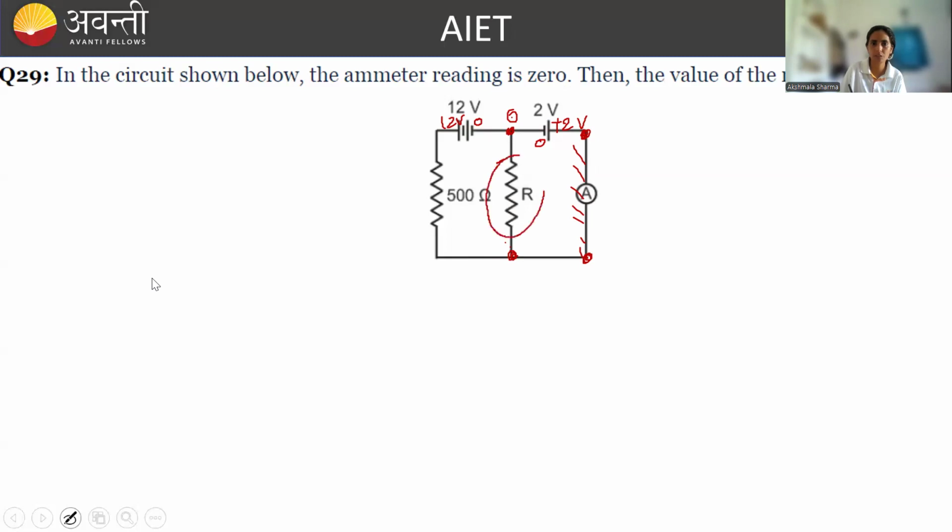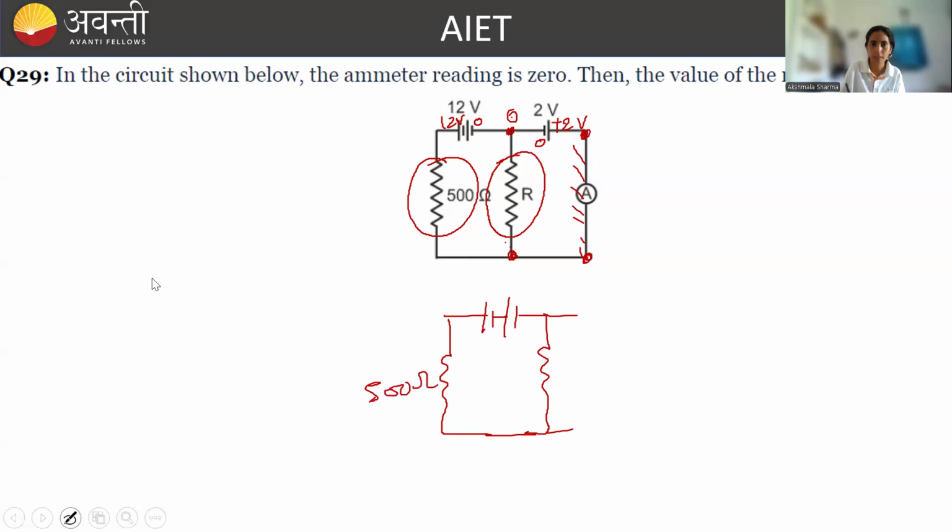So here if potential drop is 2 volt, then how much potential will drop here? I told you before that the effective circuit will look like this. Because no current is flowing in this arm, right? So the effective loop circuit is this: this is 500 ohm and this is R and this is your 12 volt, right?